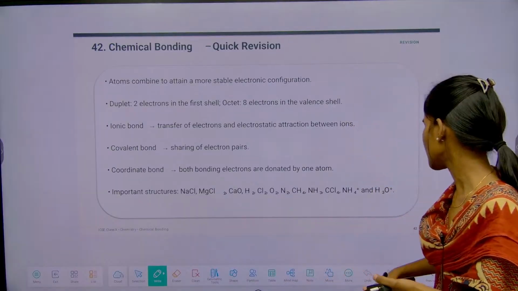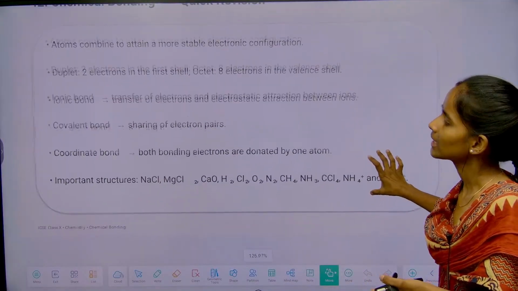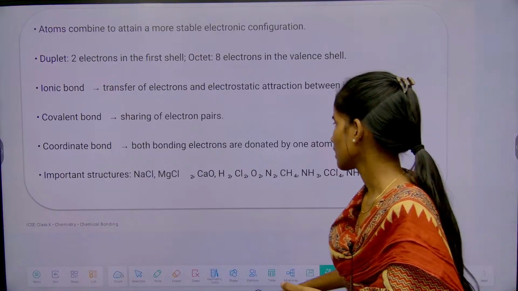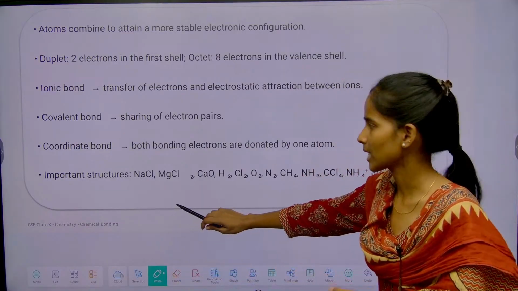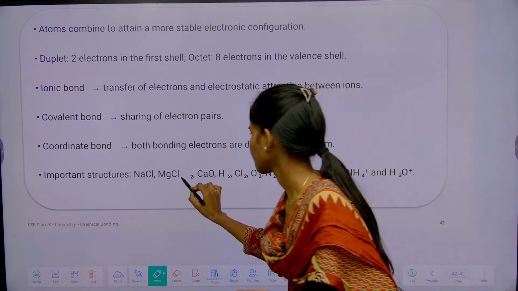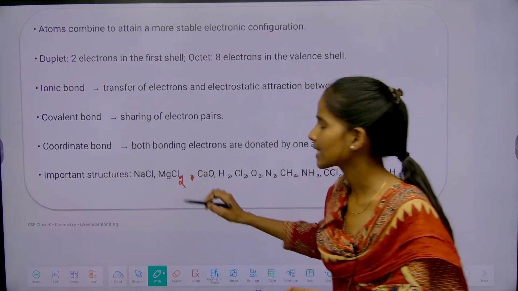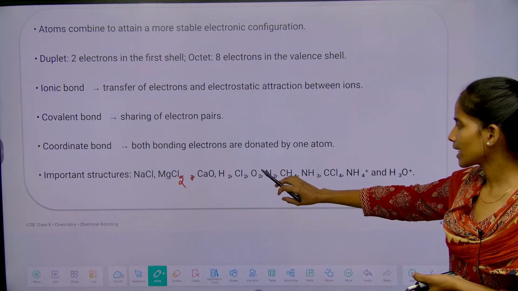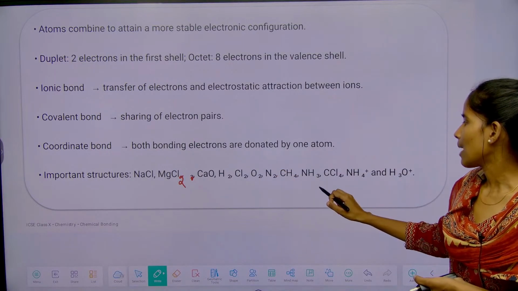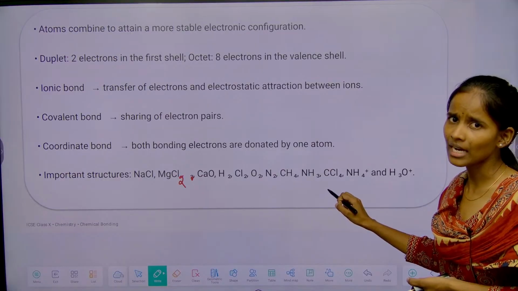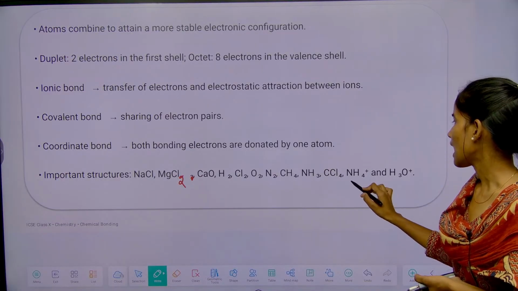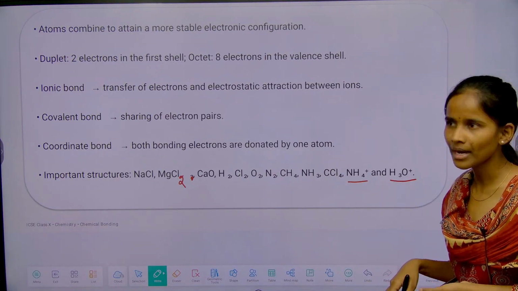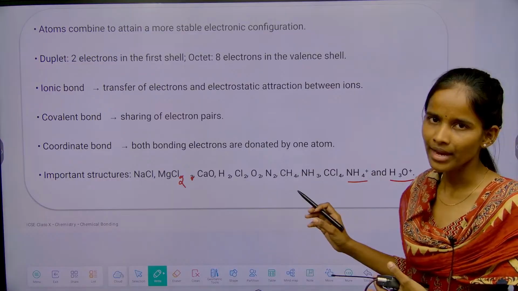It is important to practice these different structures of different bonds: NaCl, MgCl2, calcium oxide, hydrogen, chlorine, oxygen and nitrogen gases, methane, ammonia, carbon tetrachloride CCl4, ammonium ion and hydronium ion. These structures we have seen already.